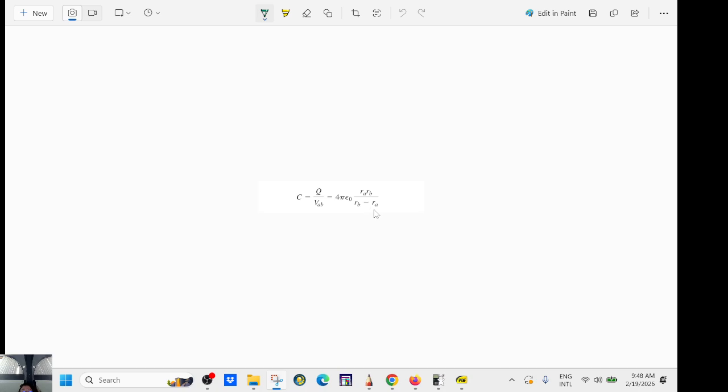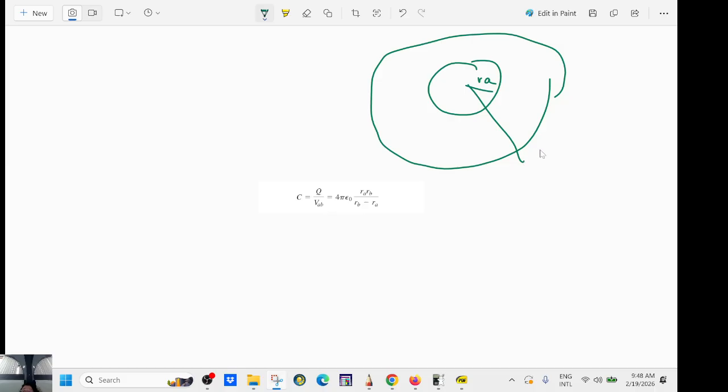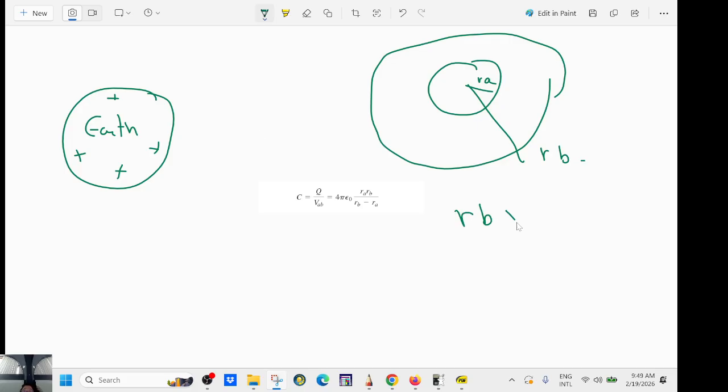So you have two conductors, RA and RB, and that experiment was done by Faraday, right? Now, if you put RB very, very far away, so that will be the ground, so you have either the Earth or a Van Graaff generator. In that case, RB is very large over RA.